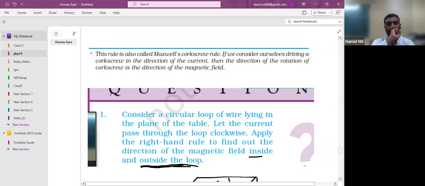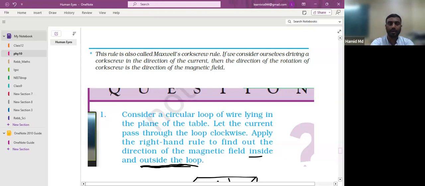No, sir. Okay. So it is well studied that whenever a current is passing through a conductor, it generates a magnetic field. When we bring another magnet in the vicinity of a current carrying wire, that magnet gets affected by the magnetic field generated by the conductor.